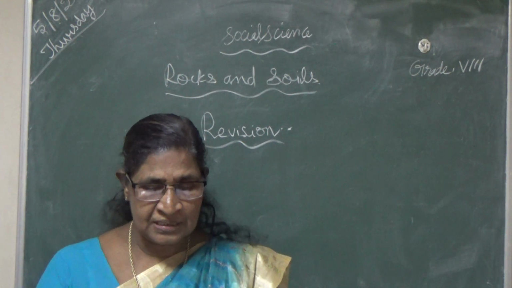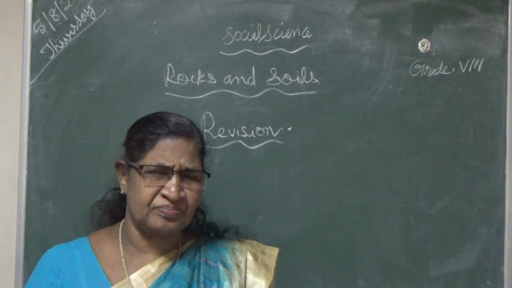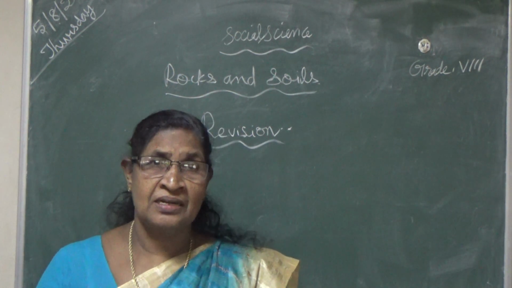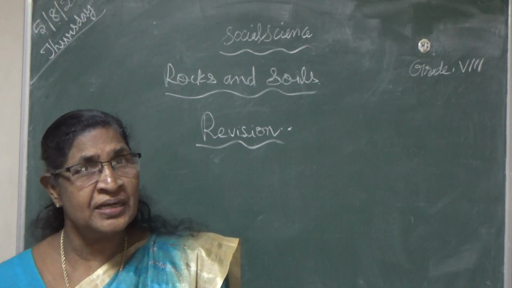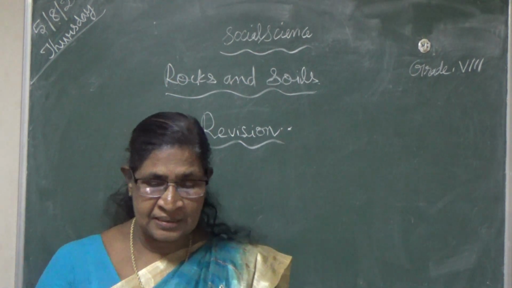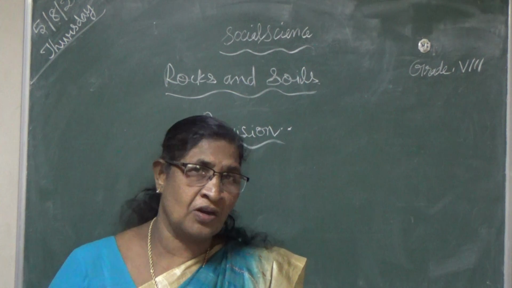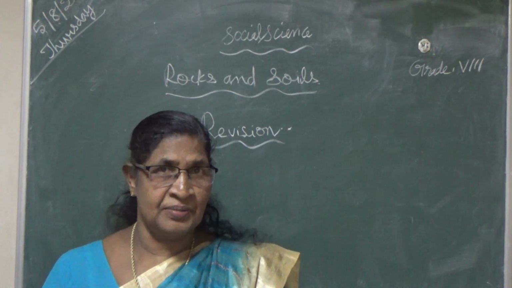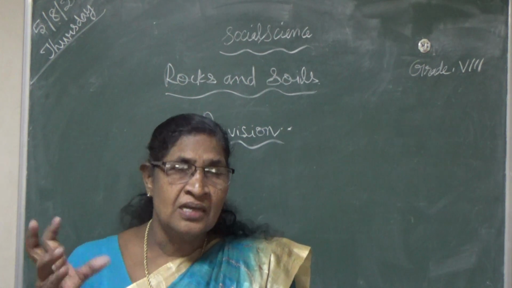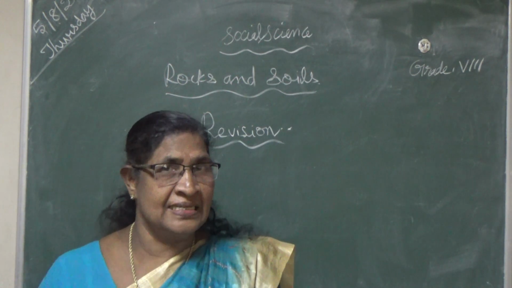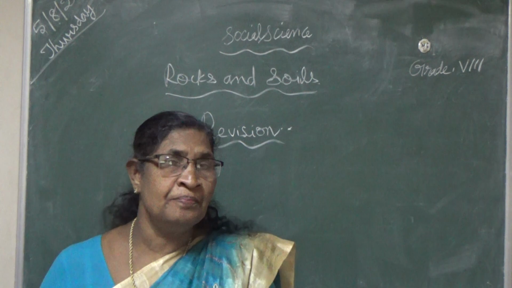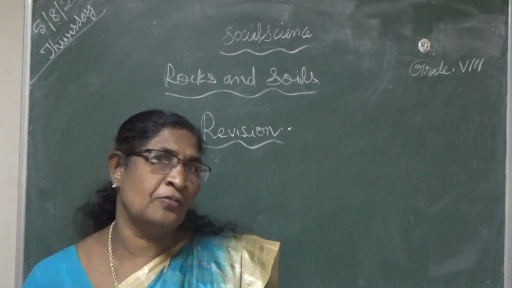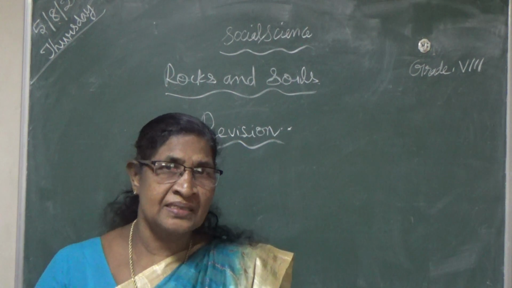I told you the Taj Mahal is made of white marble, that is a metamorphic rock. The changes of the rocks mainly took place because of temperature. Because of high temperature, the rocks broke down and changed, forming a metamorphic rock, which is called thermal metamorphic rock. T for temperature, thermal.